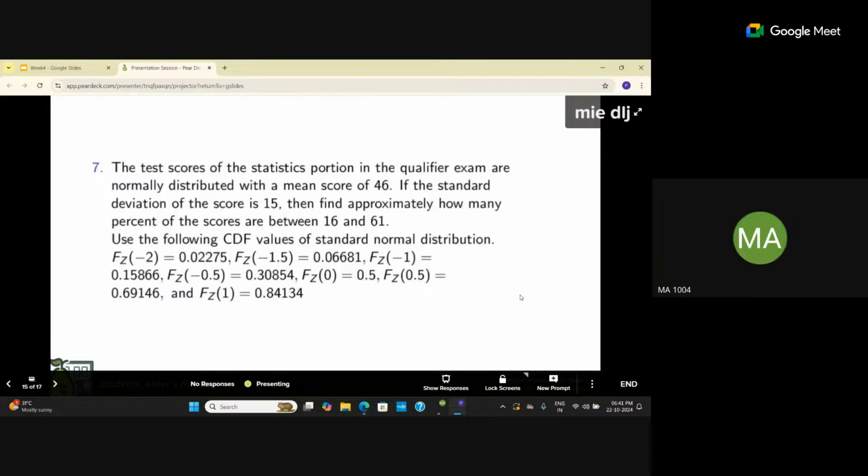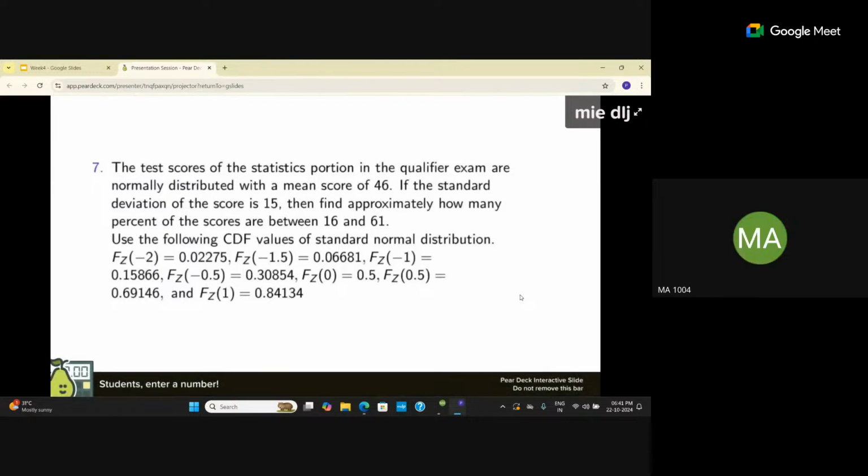So the next question. The test scores of the statistics portion in the qualifier exam are normally distributed with a mean score of 46. If the standard deviation of the score is 15, then find approximately how many percent of the scores are between 16 and 61.